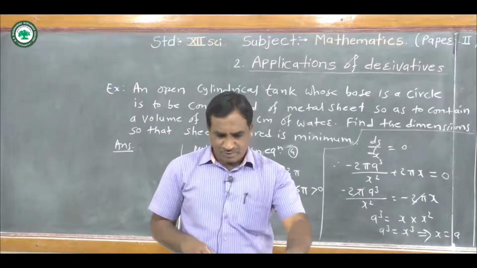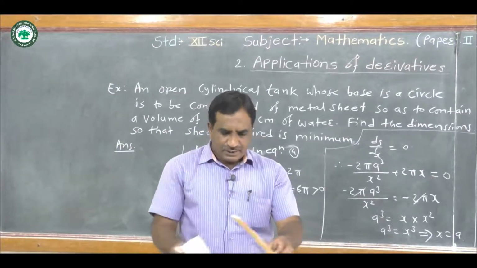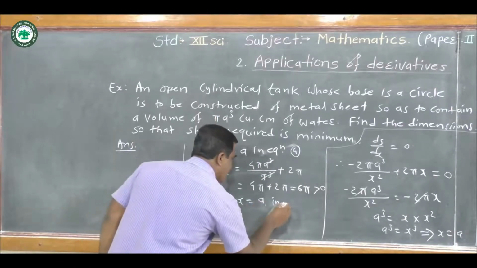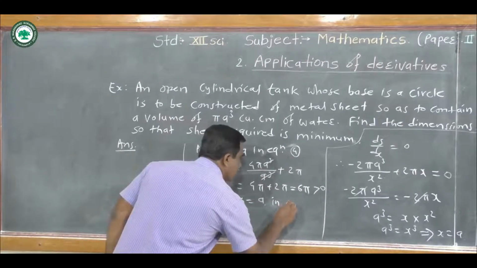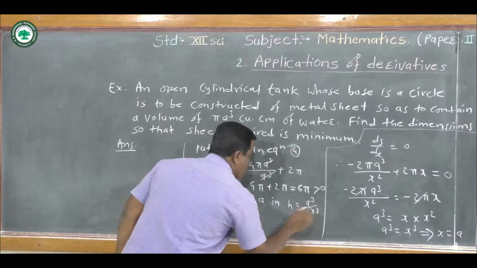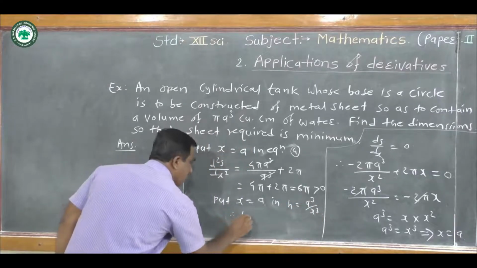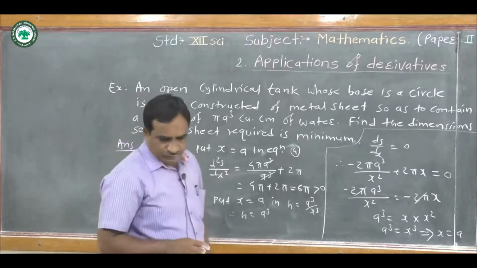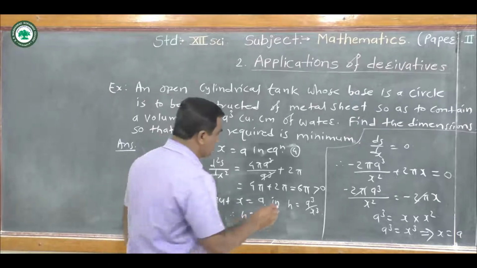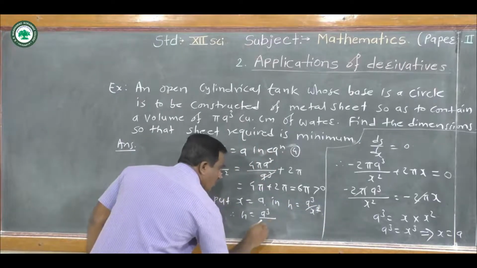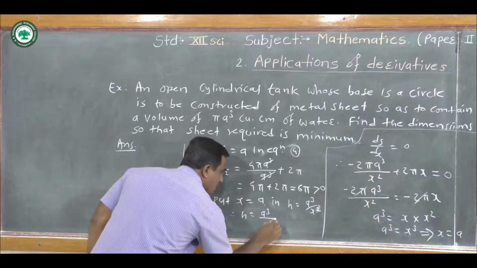Now for the value of h, put x equal to a in equation first. Equation first is h equal to a cube upon x square. Therefore, we can write h is equal to a cube upon the value of x square, a square.